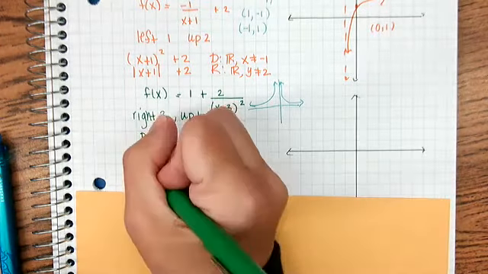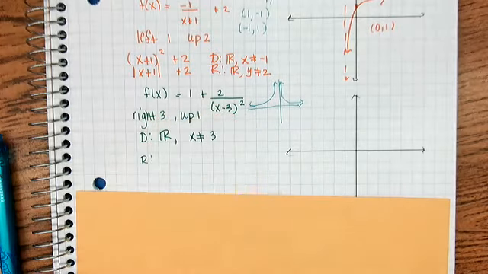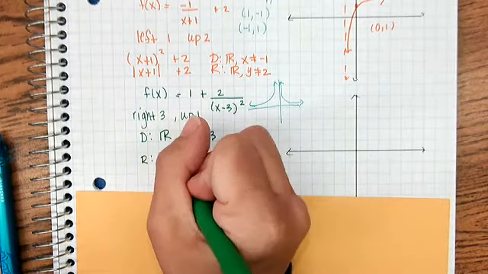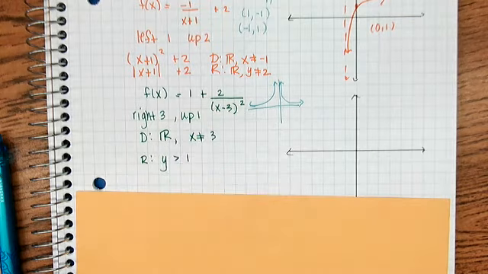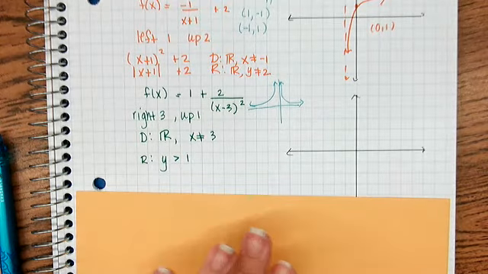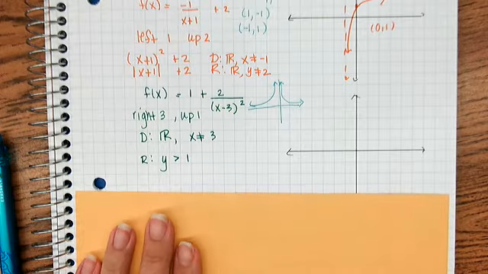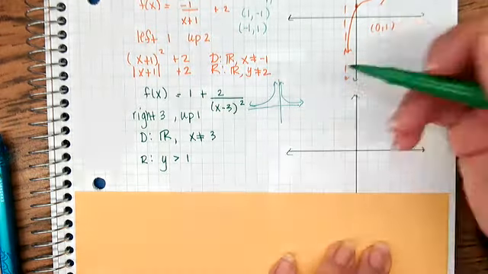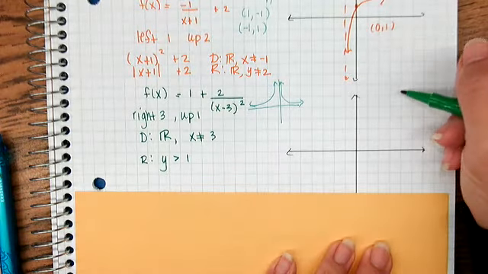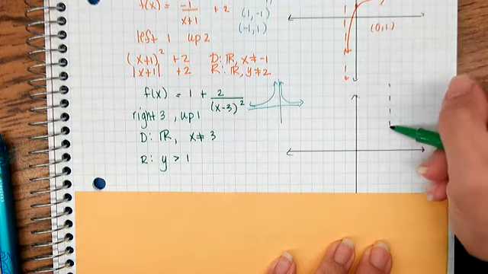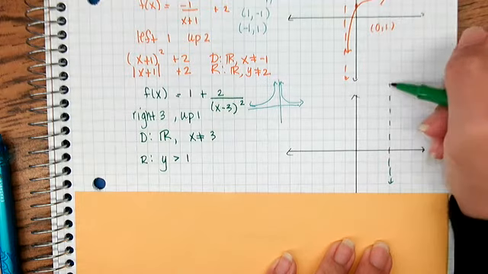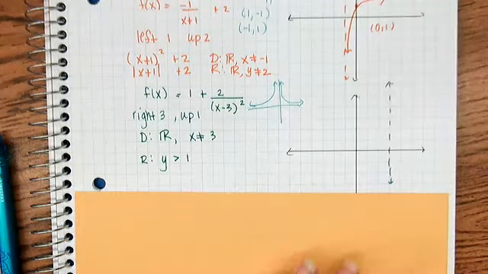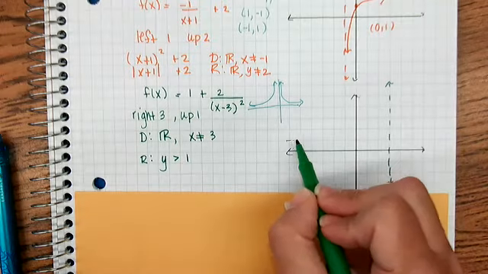And normally my range is y is greater than 0. Now my range is going to be y is greater than 1. Okay, x cannot be 3. y is greater than 1.